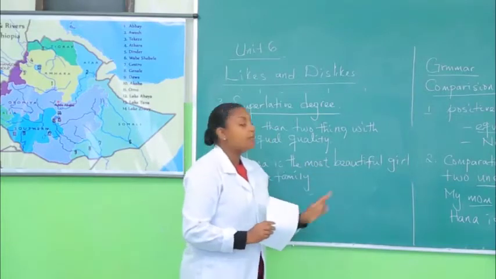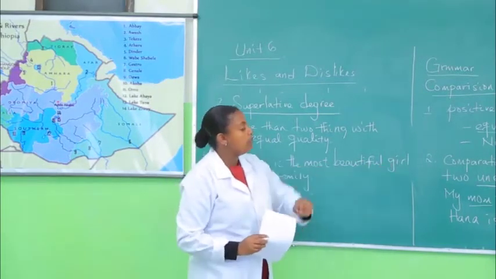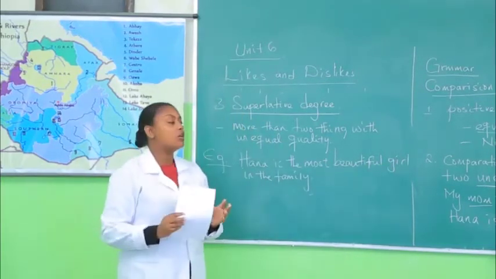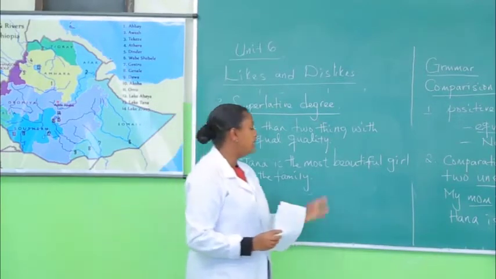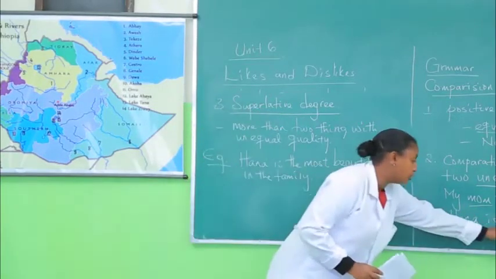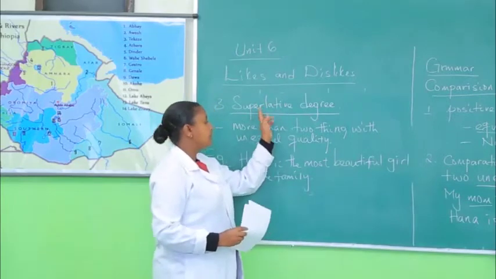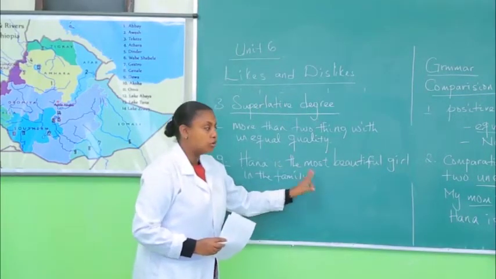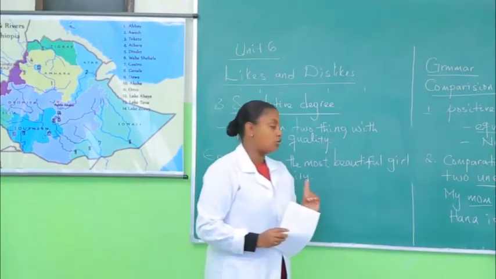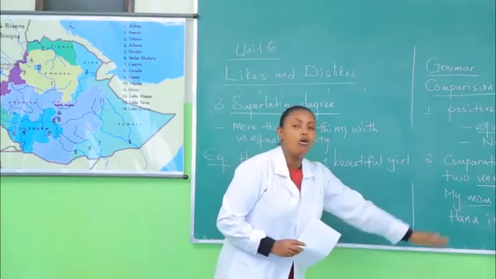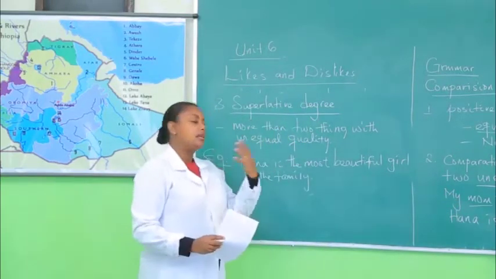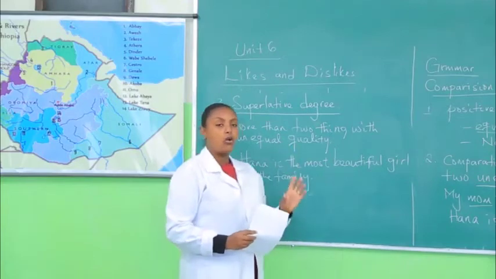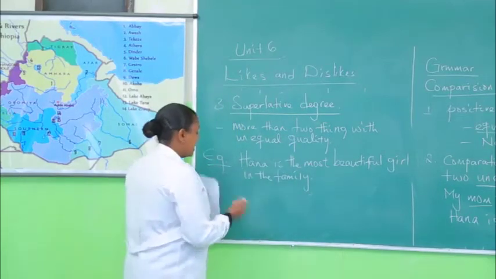And if you remember before when I explained about comparative degree, if an adjective has more than one syllable, we are going to use more. Again here, when it is superlative degree, we are going to use most. But if you are using a one syllable word only, just like tall, big, and the like, then you are going to add only est at the end.